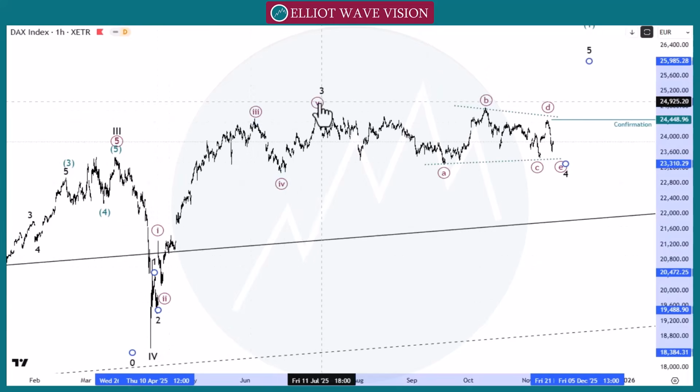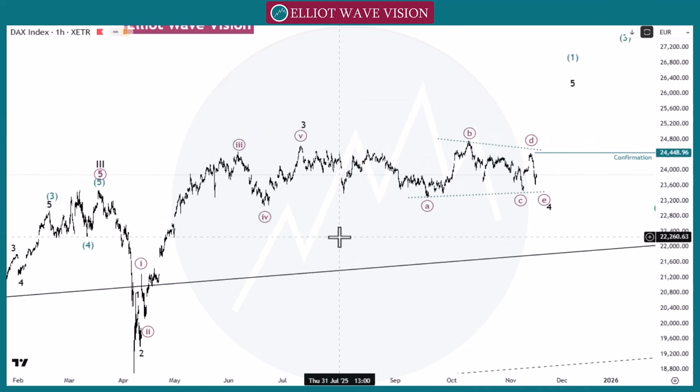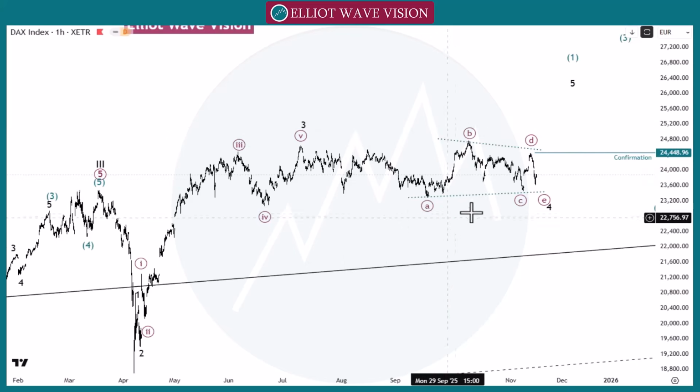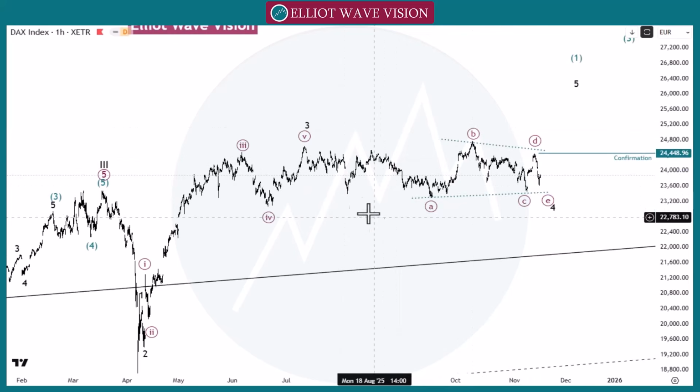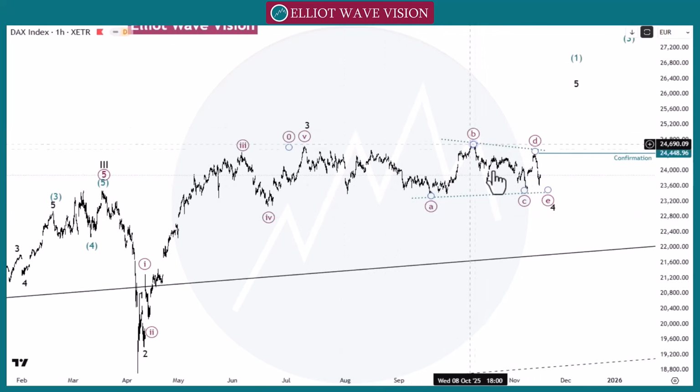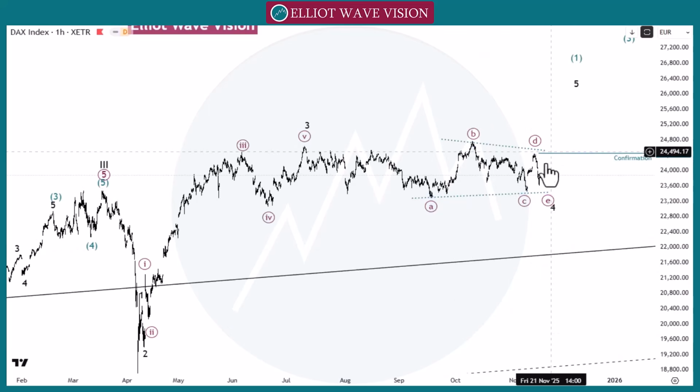This black wave 3 completed at this point. And now we count this area differently. Differently means like wave A, B, C, D and E. Now this wave D leg, we need to wait for the classic trading level pattern at this point.